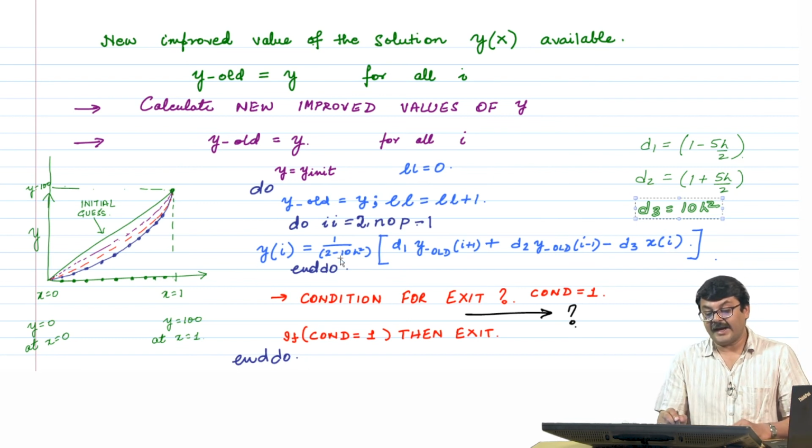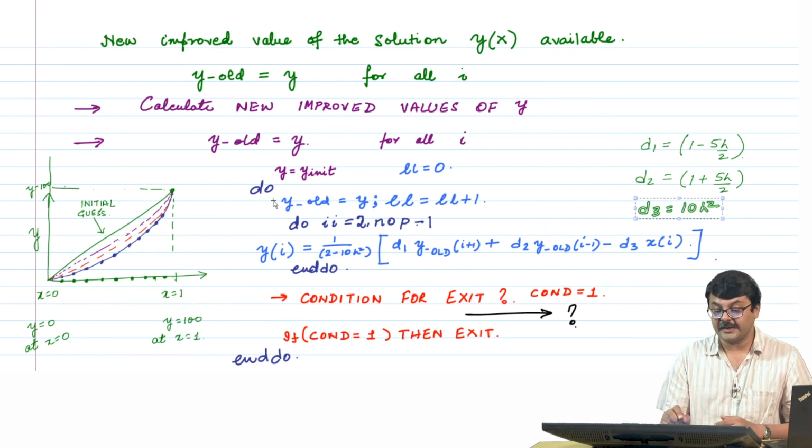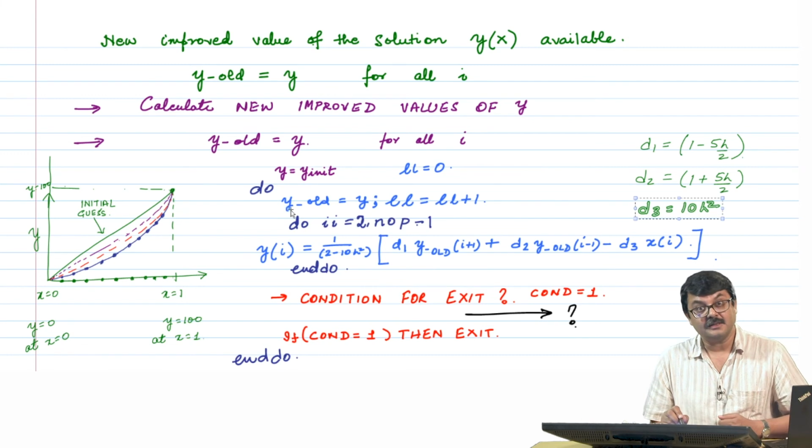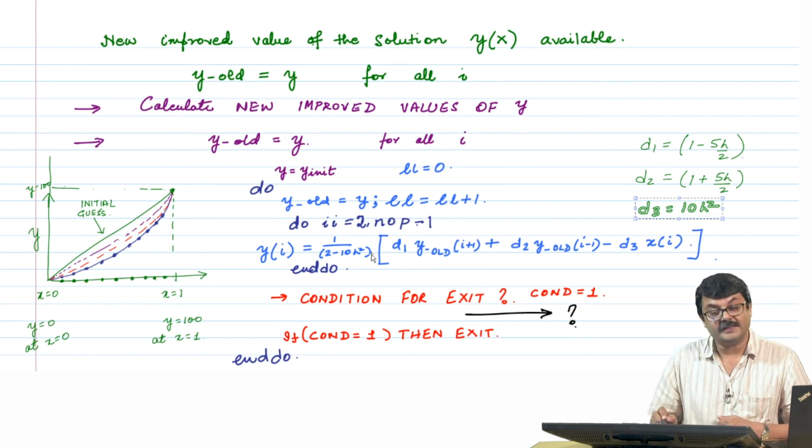So, at the end of this do loop, you have a new value of y stored, that you store in y old again, and repeat this, and you keep on doing this iteratively.